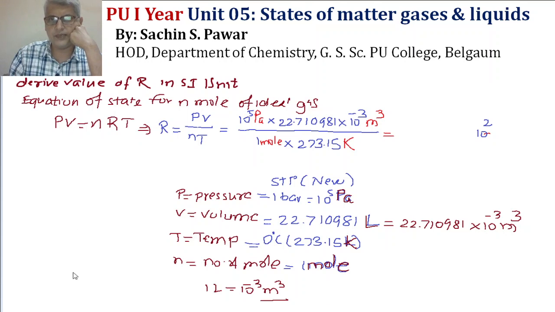So what I'll do is 22.710981 divided by 1, I need not mention, divided by 273.15.